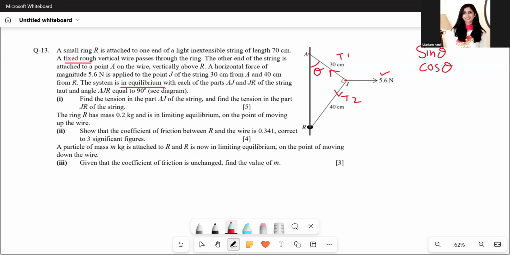We can use Pythagoras: square root of 30 squared plus 40 squared gives us 50. So sine theta is 40 over 50, which is 4 over 5, and cos theta is 30 over 50, which is 3 by 5.